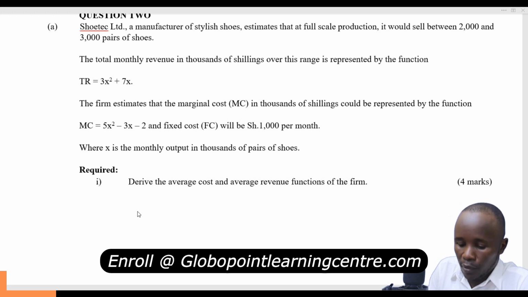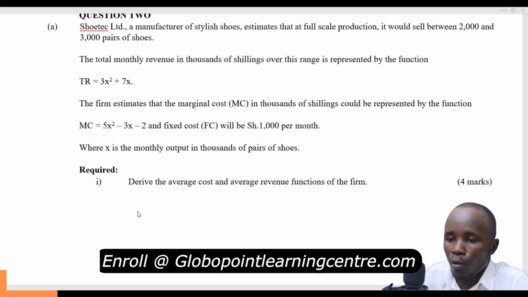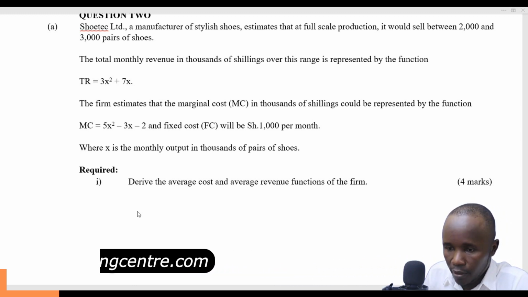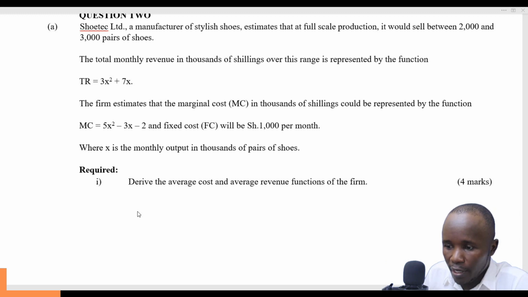Now, let's begin. What is an average? Here we are supposed to determine the average cost.